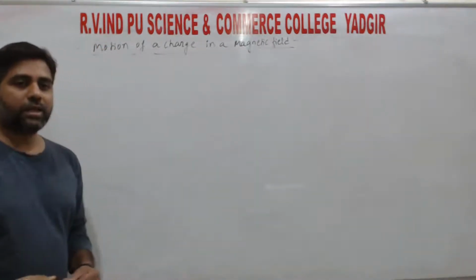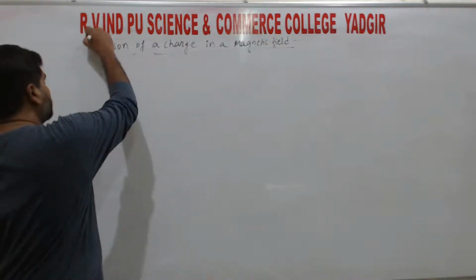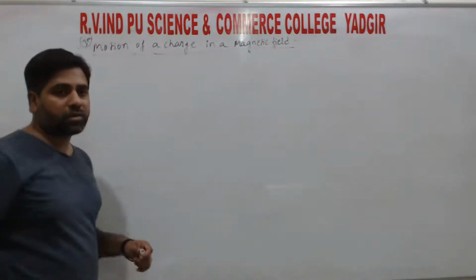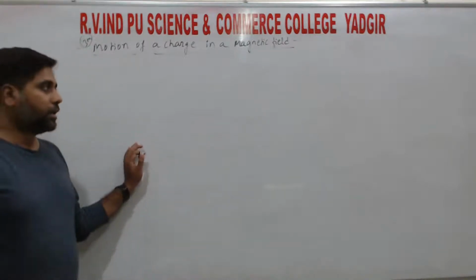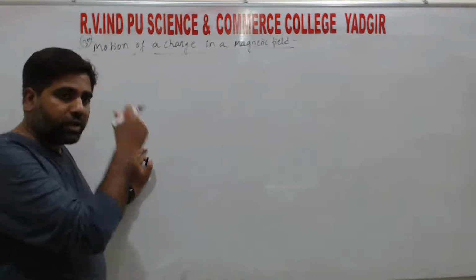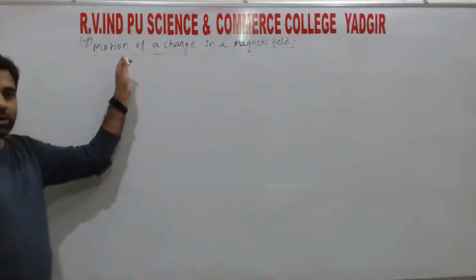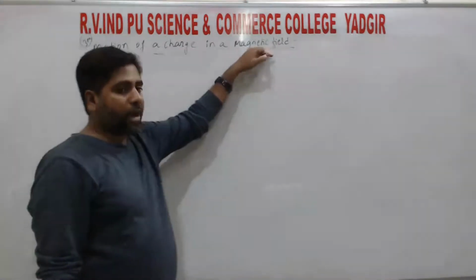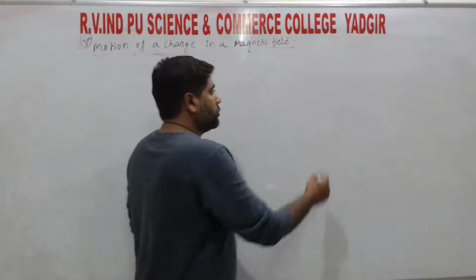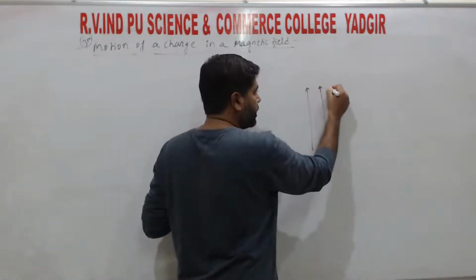This is also very important for 3 marks. In this chapter we get a maximum of 3 marks, or 5 marks for theory, because there are no problems. Since it is a 10 marks chapter, almost all theory concepts get covered, right? So the topic is motion of a charge, that is, a charge moving in a magnetic field, right? So consider the magnetic field, that is a uniform magnetic field.